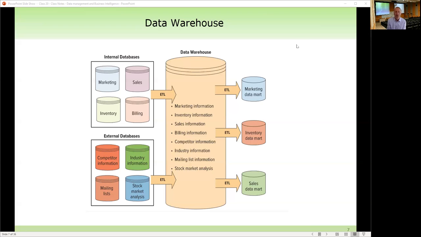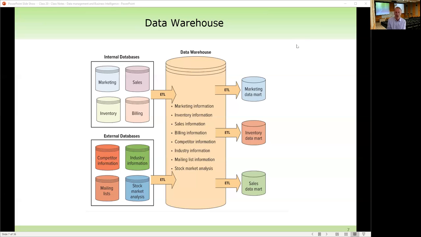And then in the data warehouse, we typically produce subsets of the data relevant for the different types of decision makers. So here you can see that data from the data warehouse, or a subset of the data, is put into a marketing data mart, or a marketing data warehouse if you want. Some information is put into the inventory data mart or data warehouse, and some information is put into the sales data mart or the sales data warehouse.